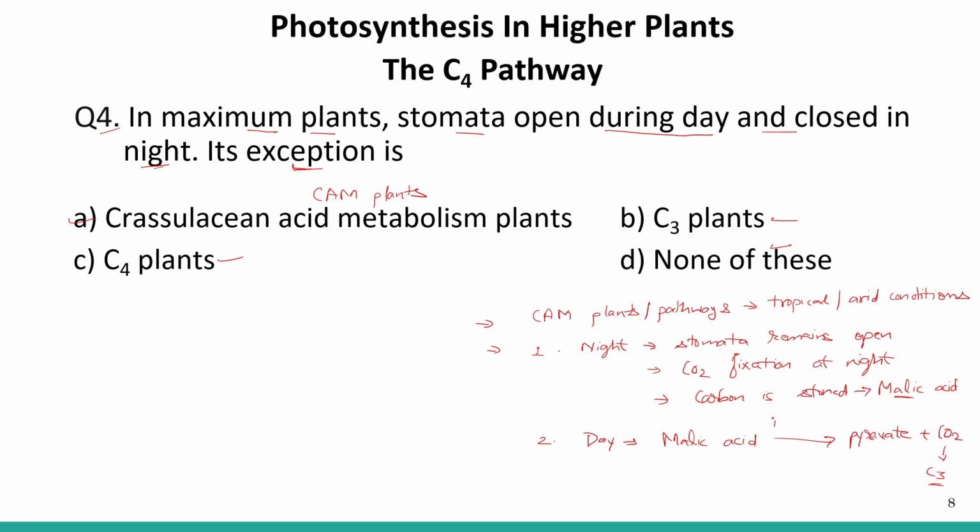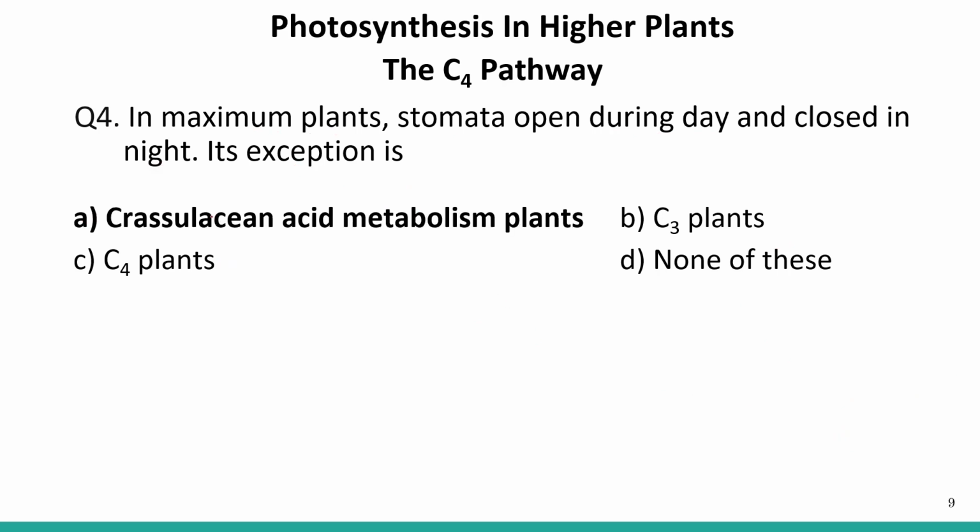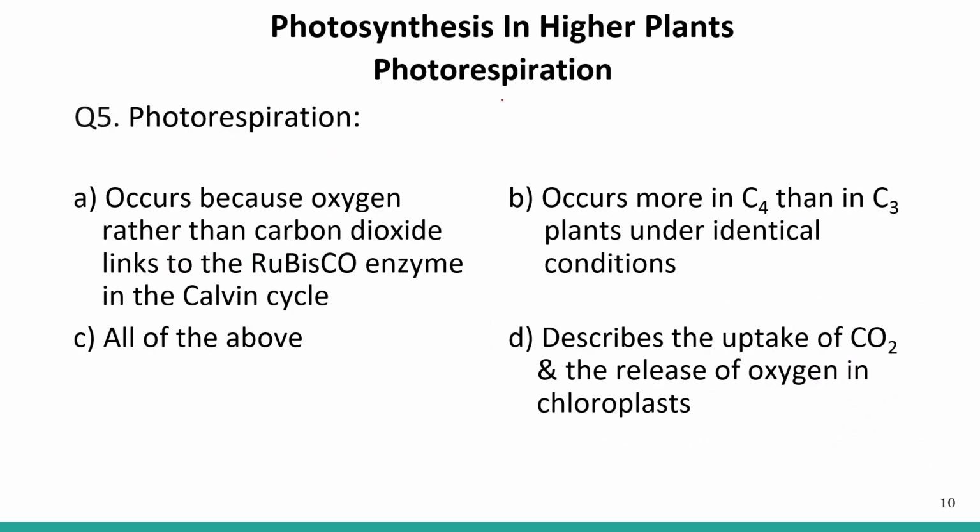Here you can write decarboxylation. So, what should be the answer here? They are asking for the exception. So, CAM plants are the exception to normal plants. So the answer is option B, crassulacean acid metabolism.